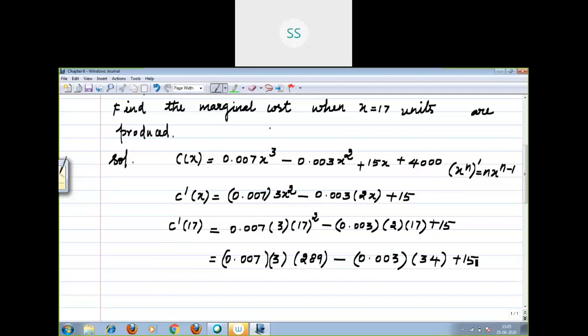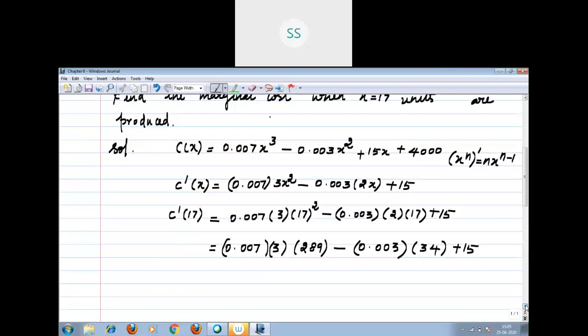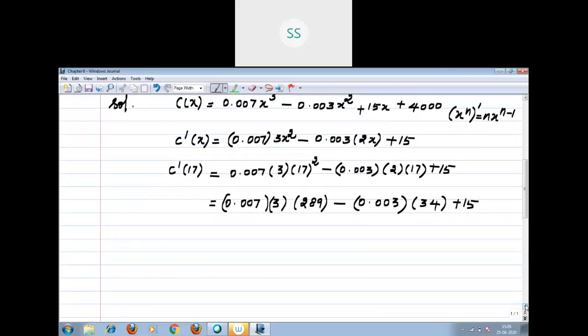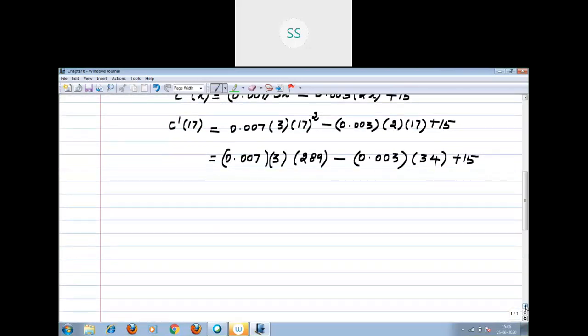Now you are going to do the multiplication. If you are confident, you can do it through mind, or otherwise you should use the right side margin and do the calculation.